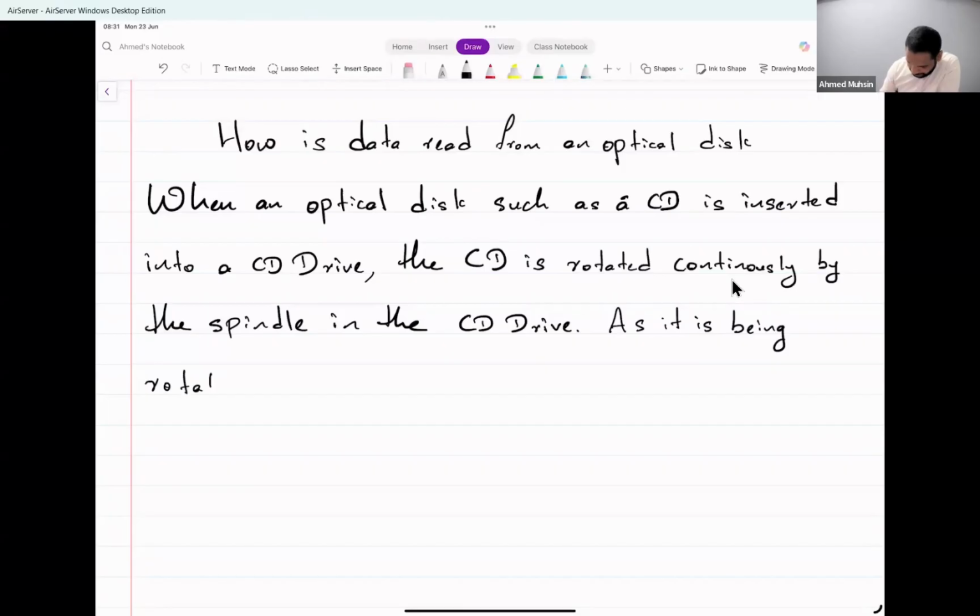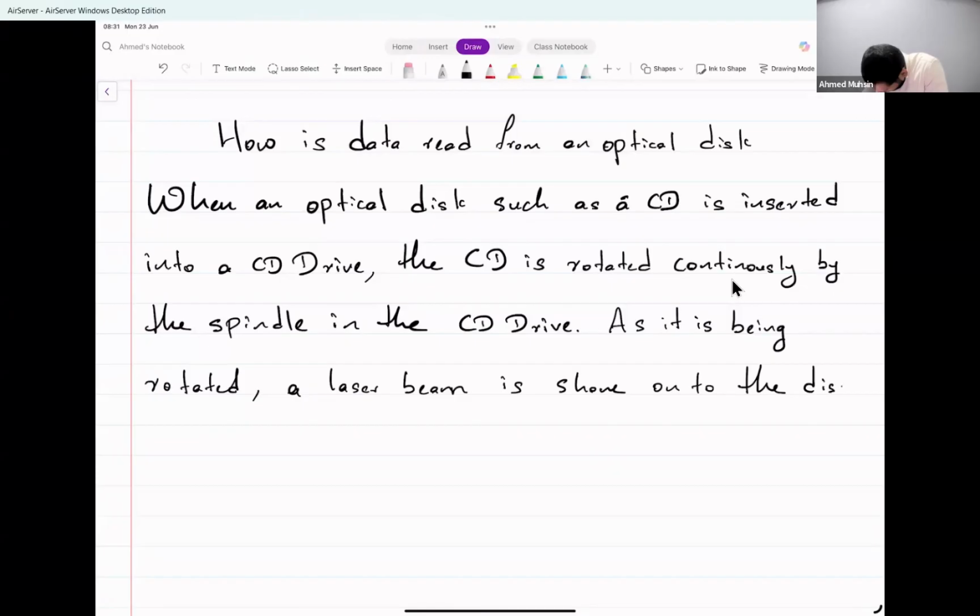a laser beam is shone onto the disc. So as the disc is rotating, a laser beam is emitting a light onto the disc.